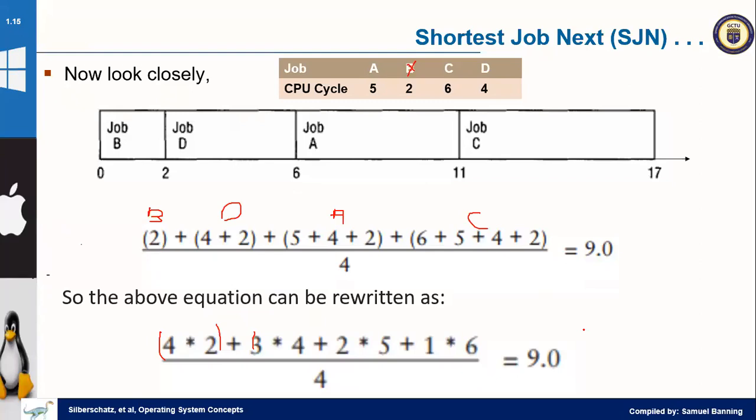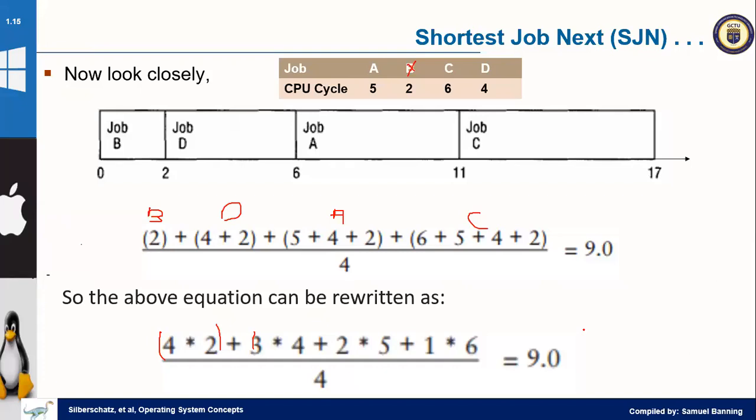Okay, sorry. So what Sir is trying to say is when we take the jobs and the CPU cycles, we have A, B, C, D, which is 4. So first of all, we write our 4. Then we multiply it by the lowest CPU cycle, which is B's 2. So we have 4 times 2 plus, now the next one is 3.